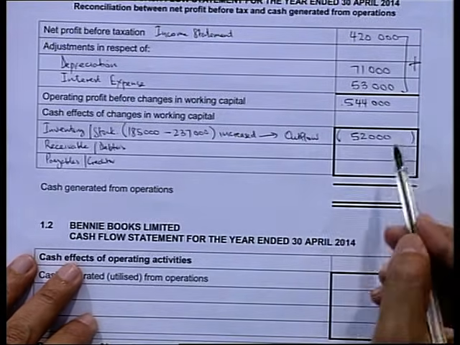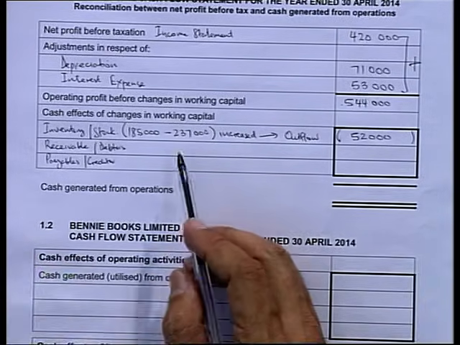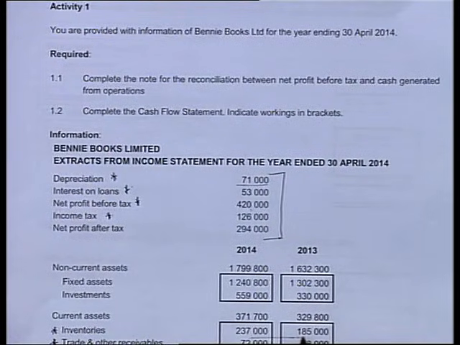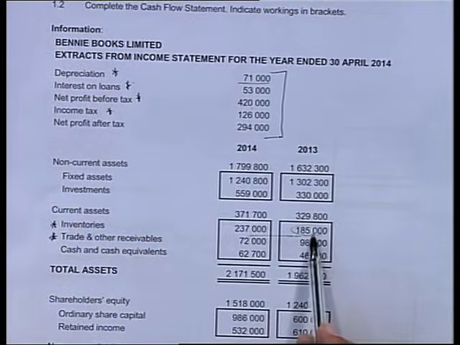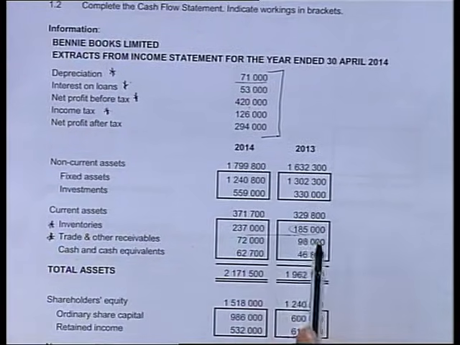That's why we have the amount in brackets. So just again quickly, for inventory, it's just the difference between the 2013 figure and the 2014 figure.